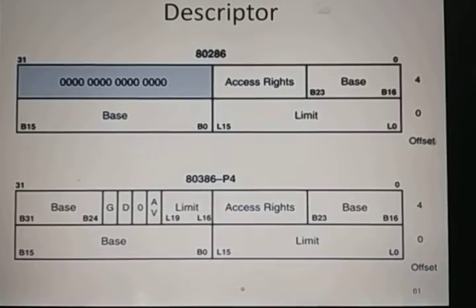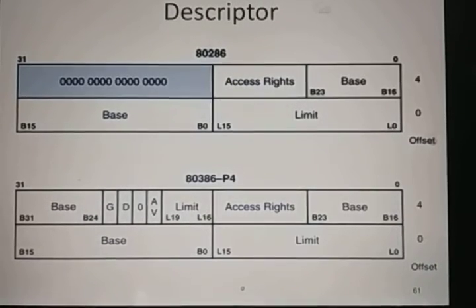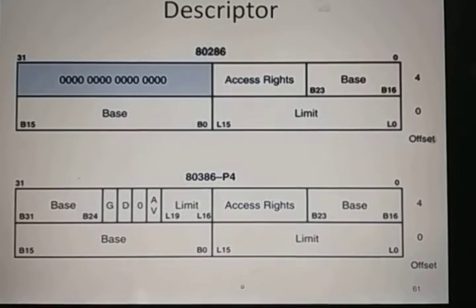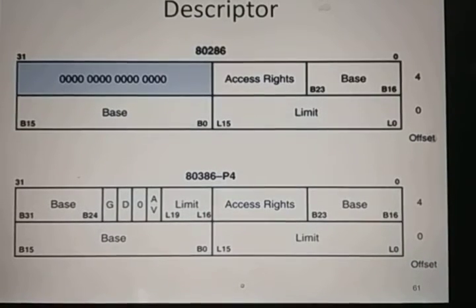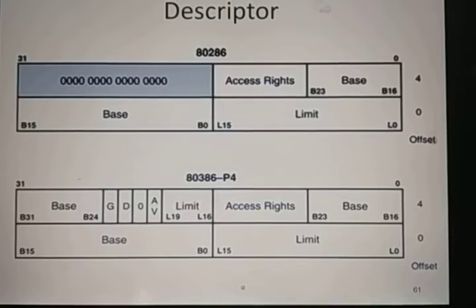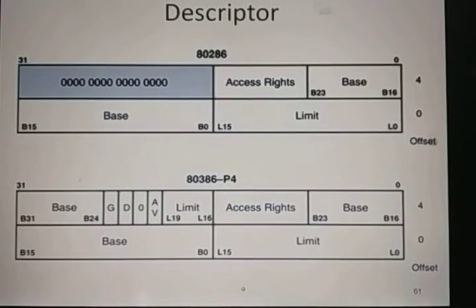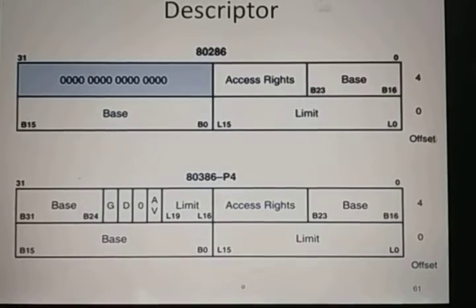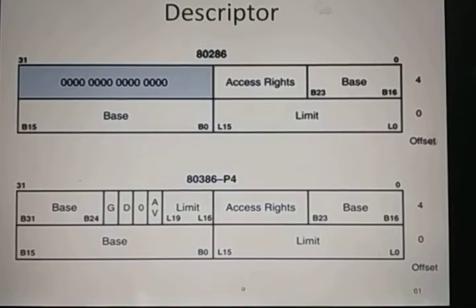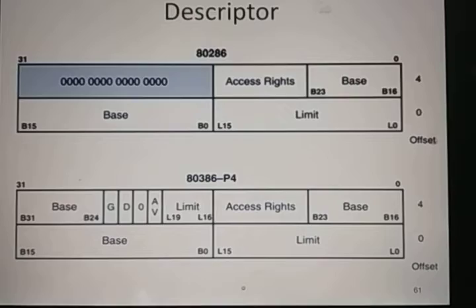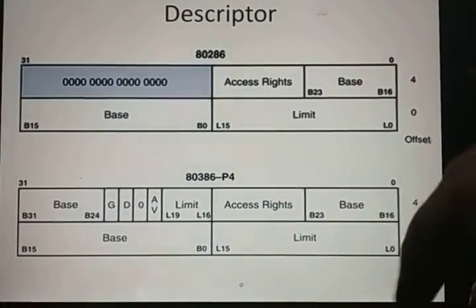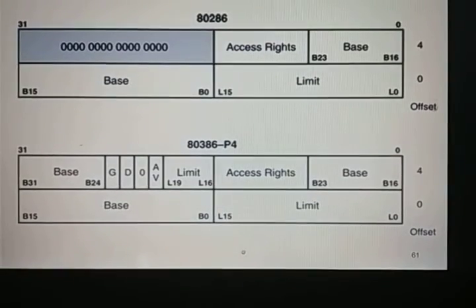Here we have two diagrams of descriptors, the 80286 descriptor and the 80386 descriptor. In the 80286 descriptor, the base field provides the base address, the access rights tell whether you can access this descriptor or not, and the limit field provides the size of your segment. Now you will see the second diagram, the 80386 descriptor.